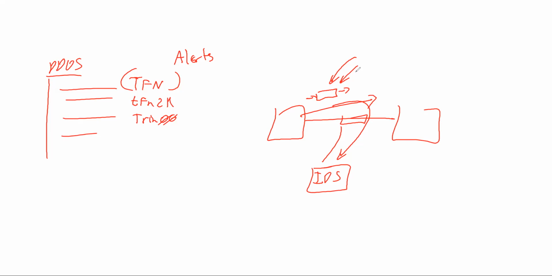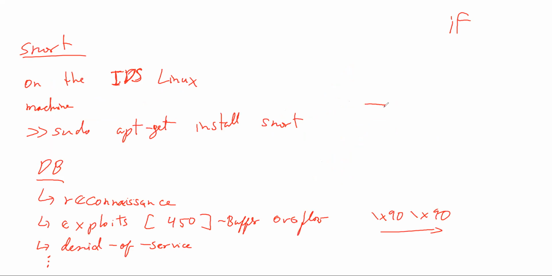All right, so the next point. Going back to the configuration, you did sudo apt-get install snort or something along those lines, right? And now your Linux machine is set up for that. So where are the files? You want to navigate in the file system, and probably the files will be in /etc/snort/rules.